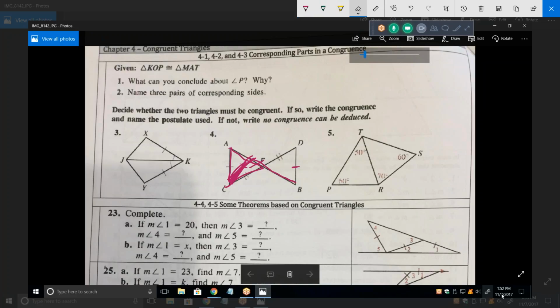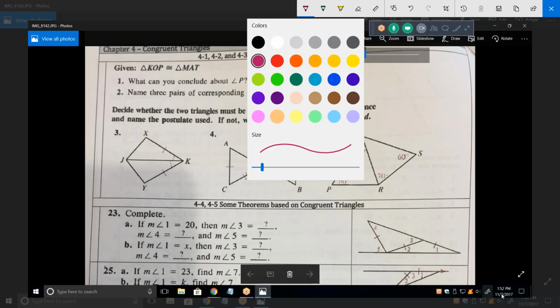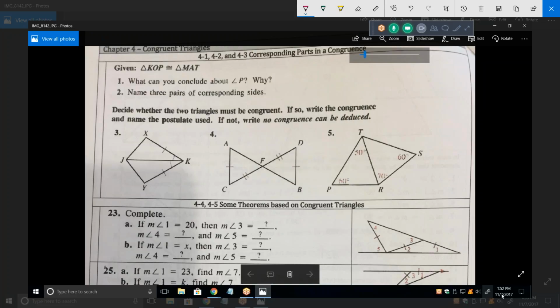So if you can't come up with the theorem, then you know it can't be deduced. And the only thing we can come up with is side-side angle. All right, let's look at number 5. 50, 60, therefore that one's 70.